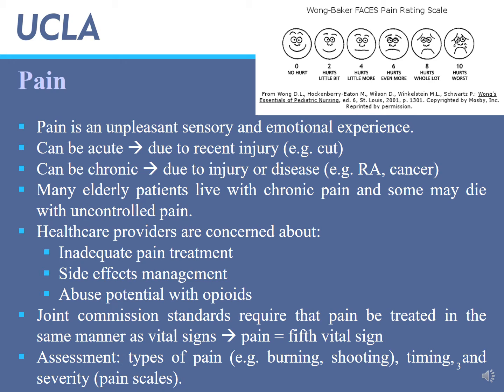In the assessment of pain, it's also important to determine the type of pain. Is it a burning pain, a shooting pain? The timing: when does the pain occur? Is it all day long, is it acute or chronic? And also the severity of the pain, using the pain rating scale.